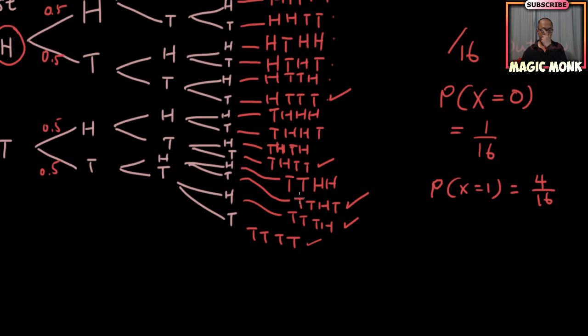Now, let's see what else is there. Probability of x being 2.